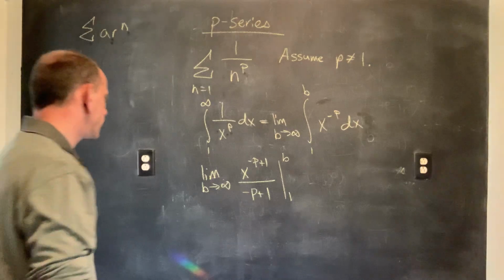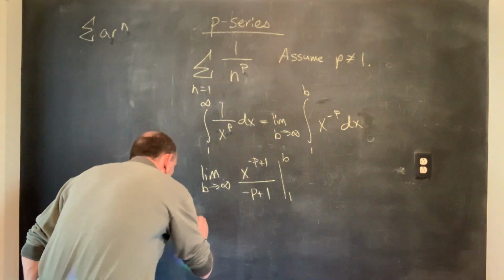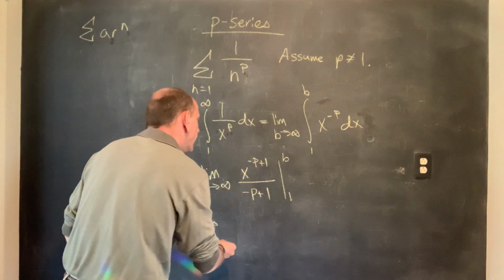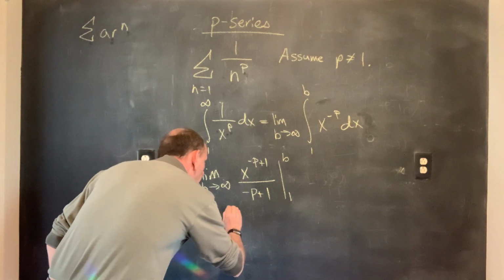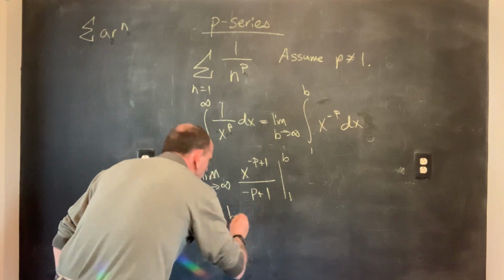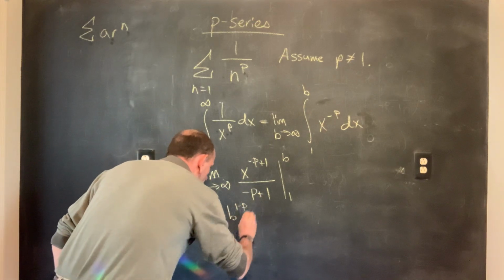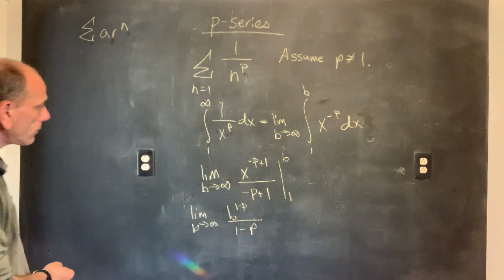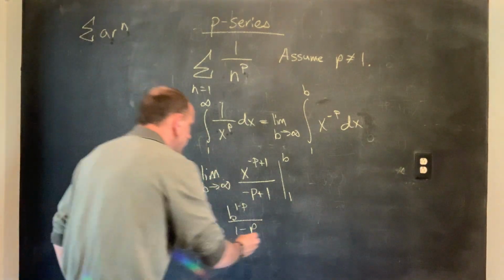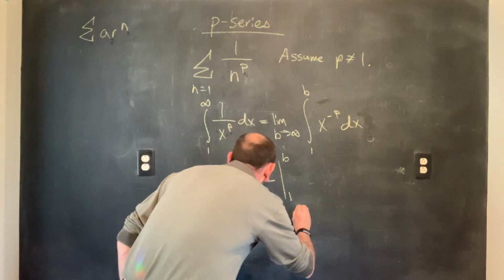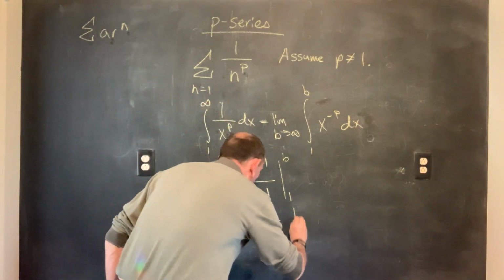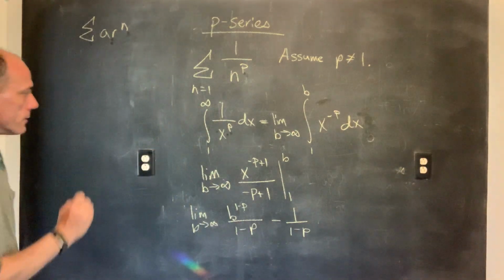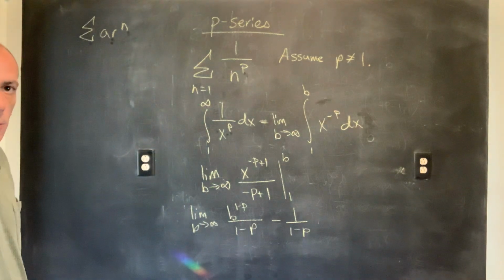Okay, let's evaluate that. Limit as b goes to infinity, we have b to the, well, let's just turn that around, so it's b to the 1 minus p over 1 minus p, minus 1 to any power, so it's just 1 over 1 minus p, regardless of what the negative p plus 1 is.